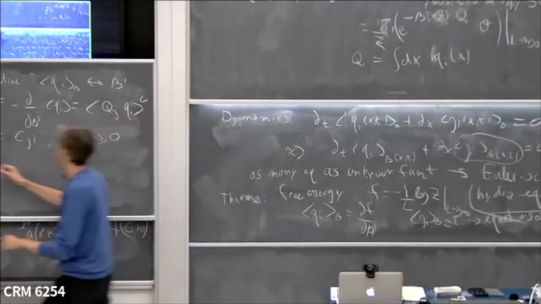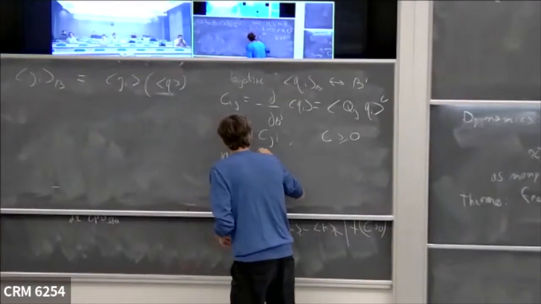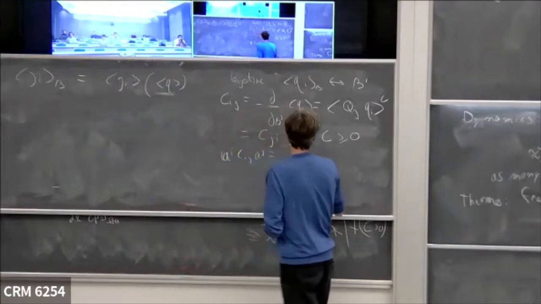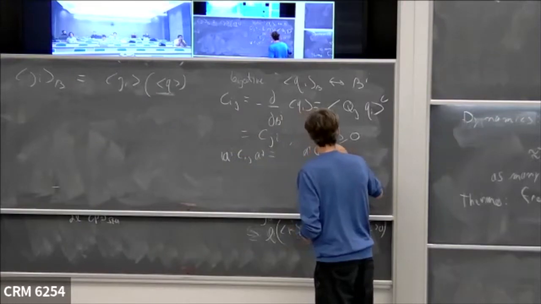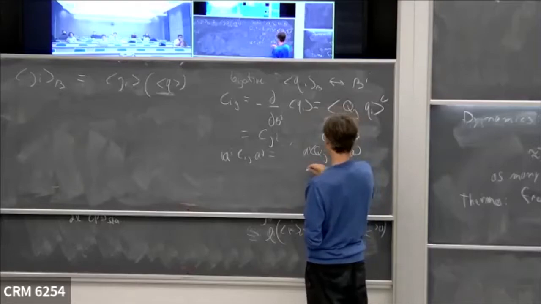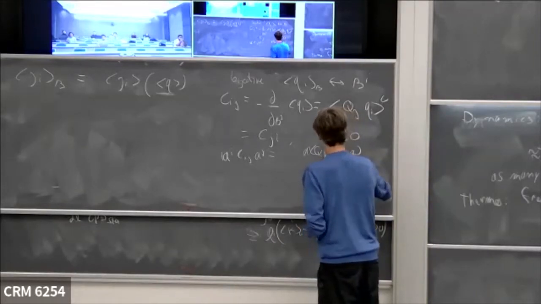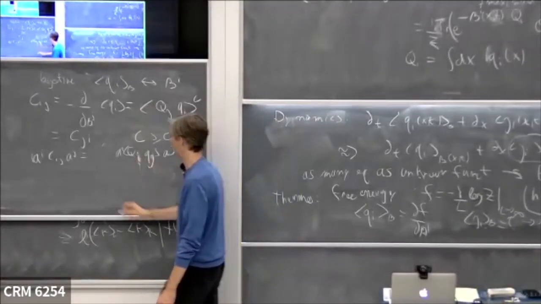Because if you do a_i C_ij a_j, what you get is just a_i Q_j q_i a_j.